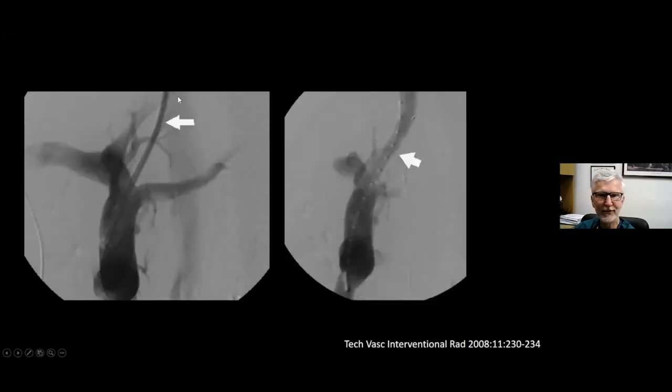At the completion of the procedure, they have made this passage into the portal system through the wall of the inferior vena cava. They dilated the tract up and put a Viator stent in to communicate between the portal vein and the IVC. A nice procedure to perform for a patient with totally occluded intrahepatic veins.